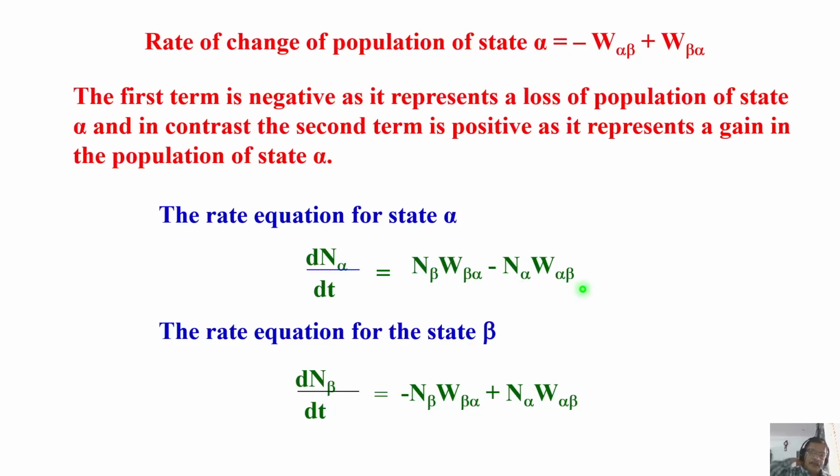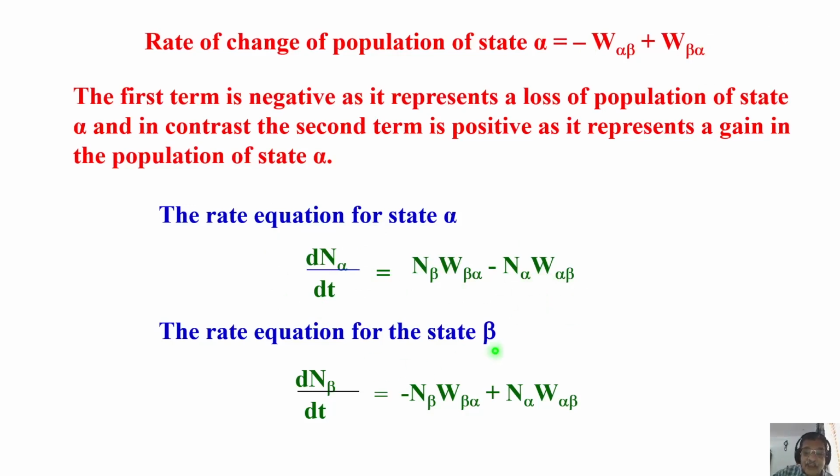It means the number of spins from beta is coming down using this probability to alpha. At the same time, some spins from alpha go to beta with this probability. This is what it is. The same thing we wrote as a function of rate equation here, where the total number of population in each state, alpha and beta, is taken into account.